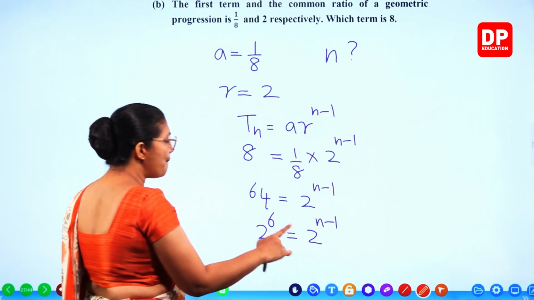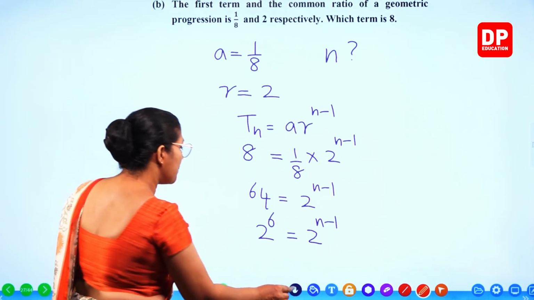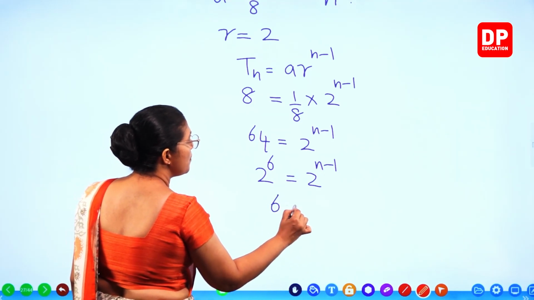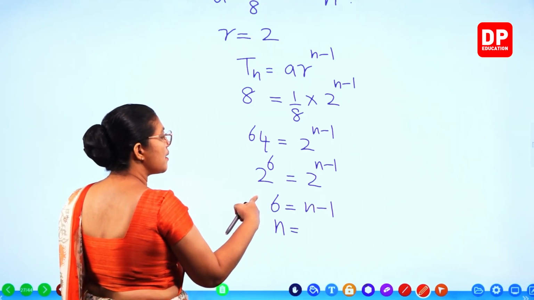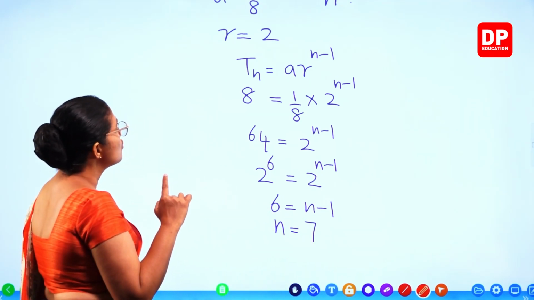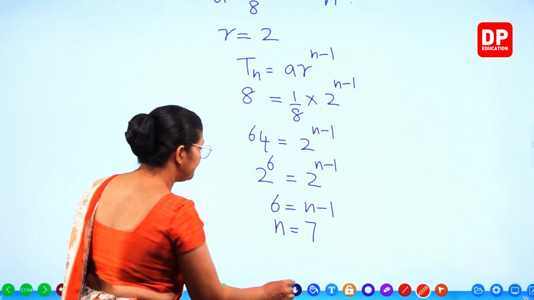Now we can compare the powers because the bases are the same. So what you get? 6 should be equal to n minus 1. So n becomes, take minus 1 to this side, 6 plus 1 becomes 7. So 7th row value is 8.